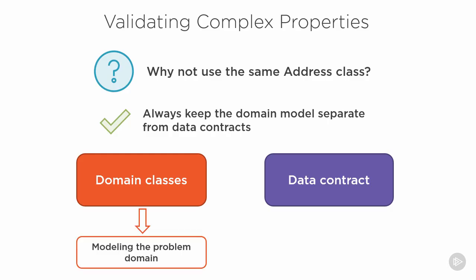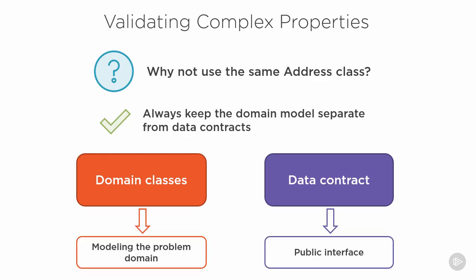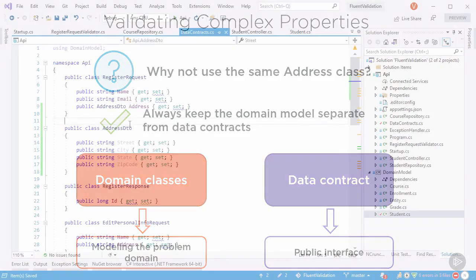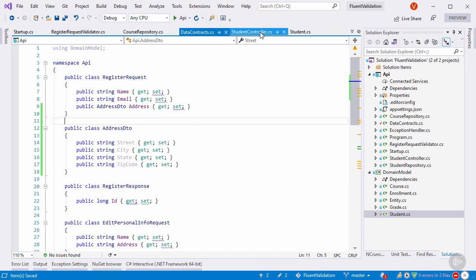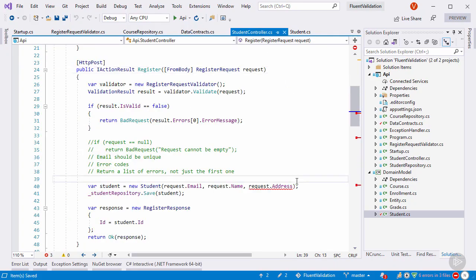The domain class models the problem domain, while the data contract, the address DTO, serves as a public interface for your clients and is also responsible for maintaining backward compatibility, so that the clients don't break when you refactor your domain model.